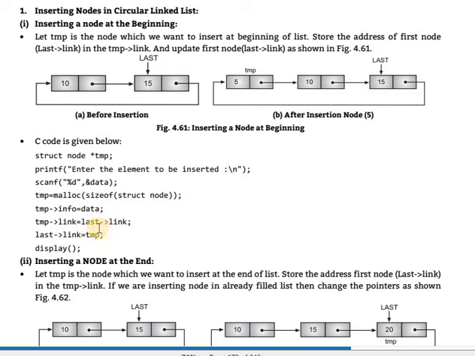Then temp's link is connected to last's link. After that, temp is assigned to last's link, meaning last's link is connected as temp, so the appropriate link will be created and attached, or inserted, and the display function will be called.